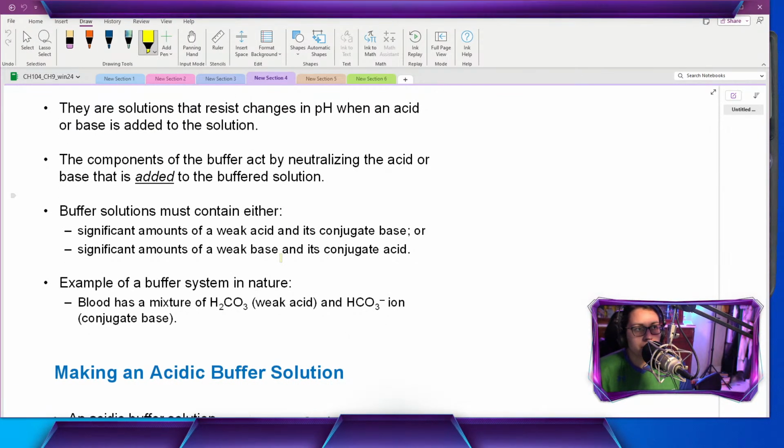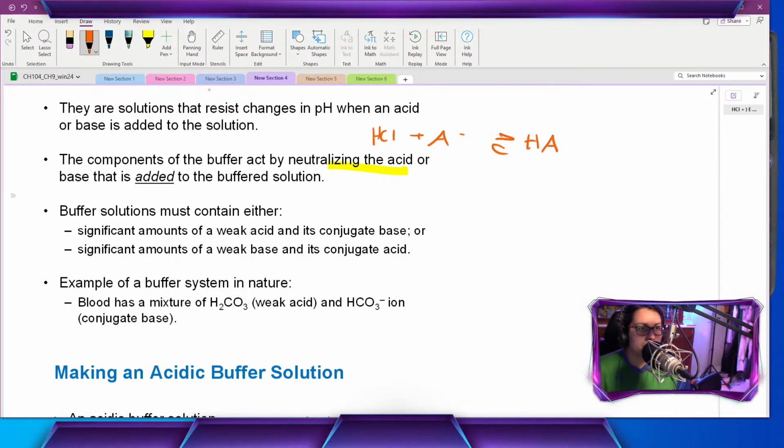And so it works by either your buffer neutralizes your acid or your conjugate base part. So if you added acid, this would be neutralized by your conjugate base and you would end up making your acid.